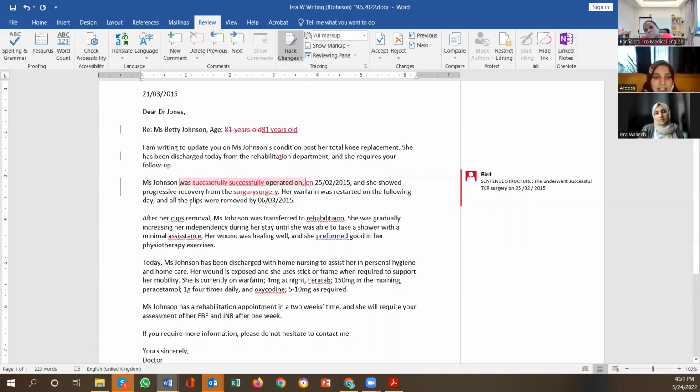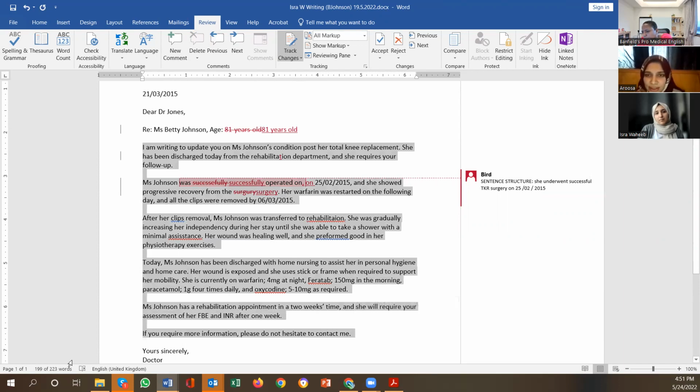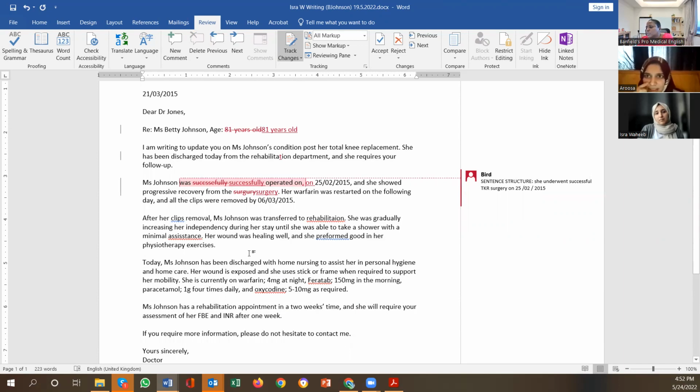But again, I don't know about the word count, because if he is already on warfarin, it's the protocol of the surgery that warfarin is restarted on the same day. So is it necessary to mention? He is already on warfarin because of his heart condition, so the GP must know. Usually for the surgery, we skip the morning dose of the warfarin and then we start on the following day.